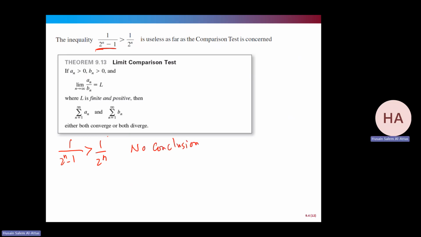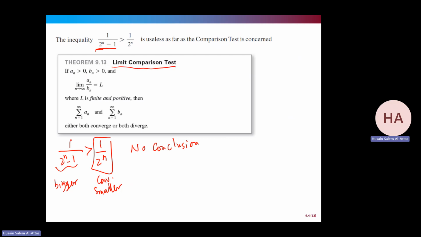Why? Because this converges, so the smaller series converges and this is bigger. If the smaller series converges, the bigger series, I don't know. Maybe converge, maybe diverge. So we need what's called the limit comparison test.